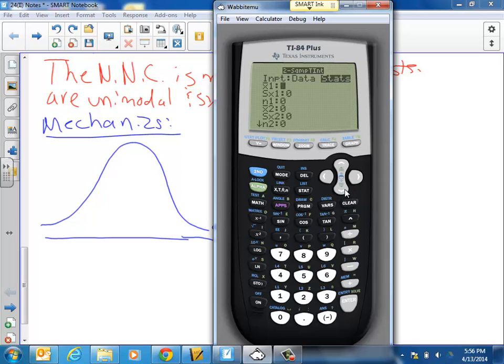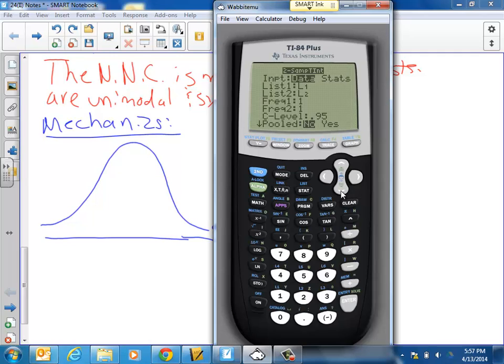Now in this case we have not yet calculated x bar 1, x bar 2, the sample means, or sx1 and sx2, the standard deviations. So let's just go ahead and use data because we do have that set up in L1 and L2. The lists are good to go. Frequency's good. Confidence level doesn't matter. Just leave it at 0.95.